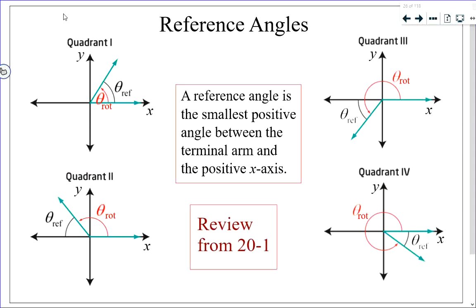In quadrant 3, the rotation angle can be found by taking pi radians and adding the reference angle. And in quadrant 4, if you take 2 pi radians and subtract the reference angle, you get the rotation angle. There are going to be cases on the diploma exam where you will need to know how to find a rotation angle from a reference angle. More often than not, but occasionally you might be expected to find a reference angle from a rotation angle.